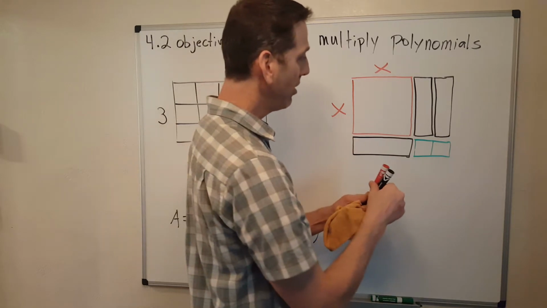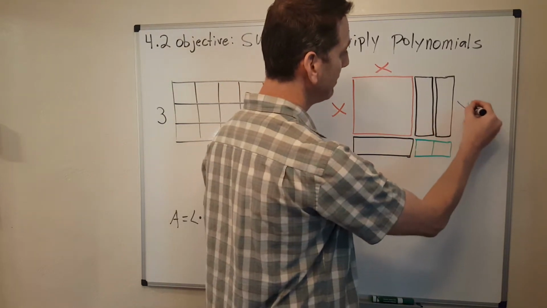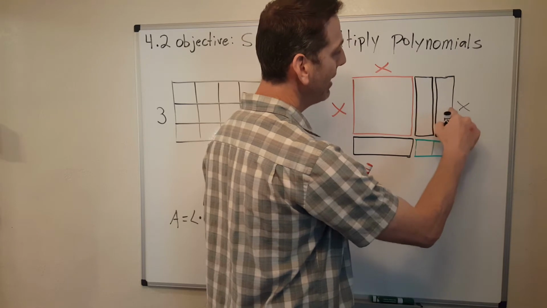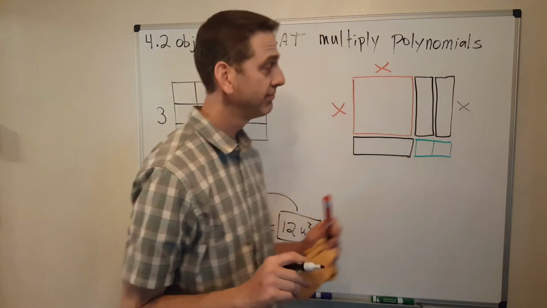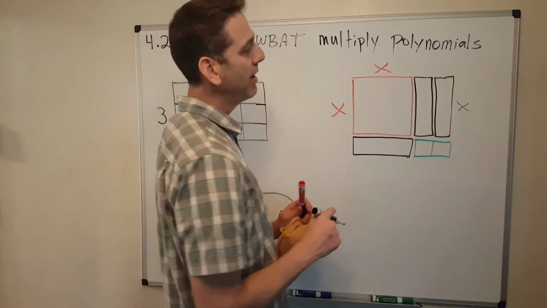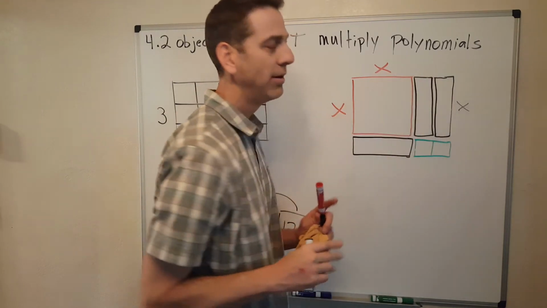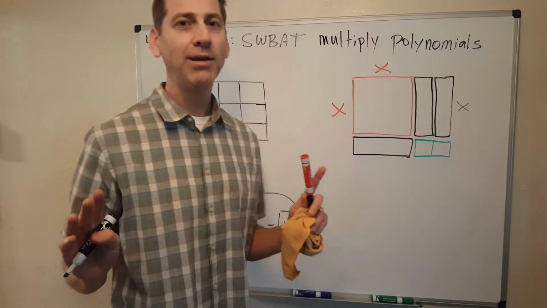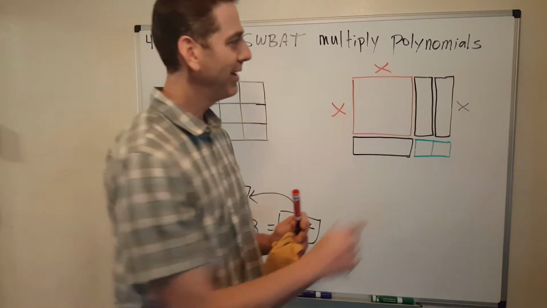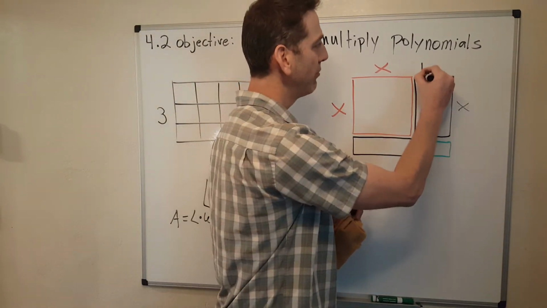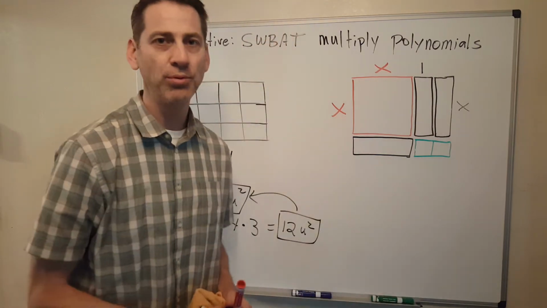So that means I know that these all have a height of x. Now, what we're going to call this width right here, we're just going to simply call that 1. This rectangle has a width of 1. I just kind of made that up.